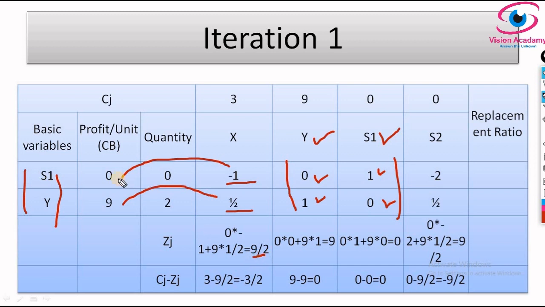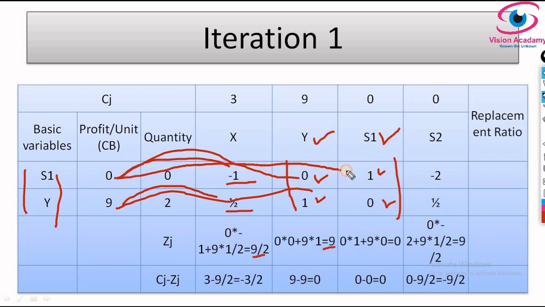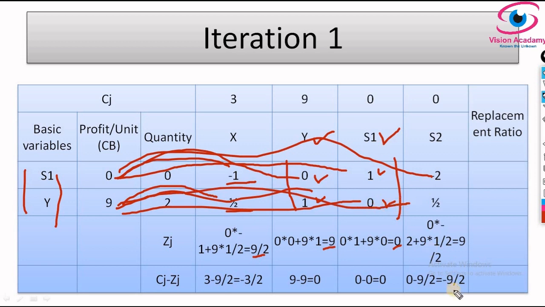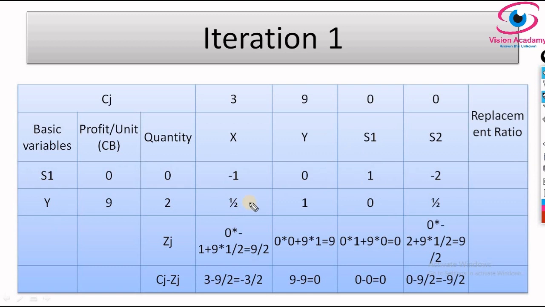And 0 times 0 is 0, 9 times 1 is 9 only. 0 times 1 is 0, 9 times 0 will be 0. And again 0 times -2 is also 0, and plus 0 times 1/2, which will be 9/2. So we have calculated Zj also.